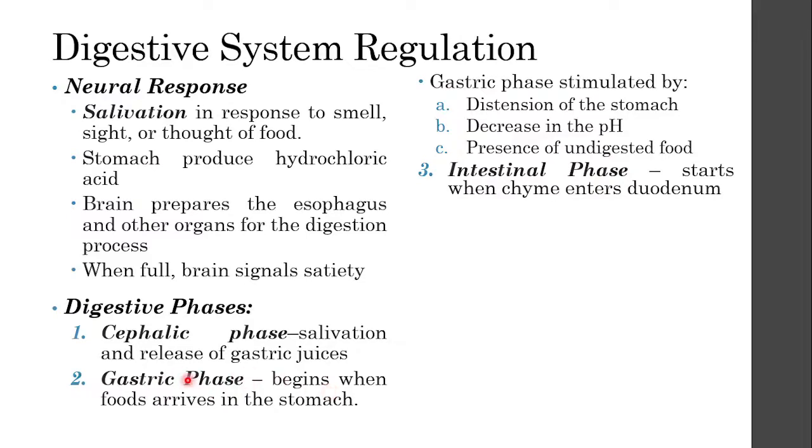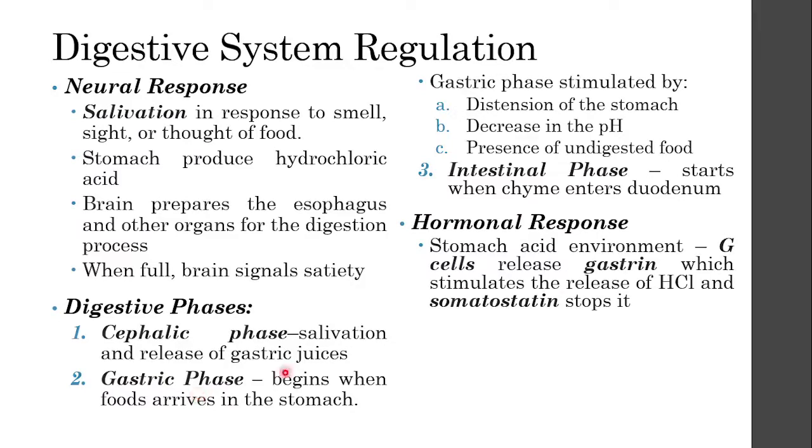So that's what's happening. And then we have the hormonal response. An example of hormonal response in the gastric phase, related to the stomach acidity in your environment: G cells will release gastrin, which will then stimulate the release of HCl.